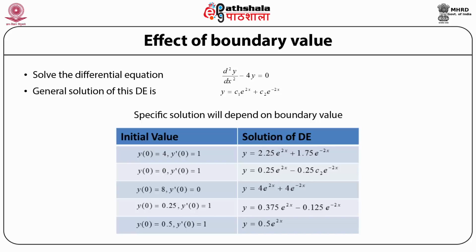The solution is going to be y is equal to 2.25 e power 2x plus 1.75 e power minus 2x. Similarly, for different boundary conditions, you can see the solution is getting different. Now, how does it matter? All the equations look nearly the same. So let us go into the next slide to understand how it is really a different phenomenon.